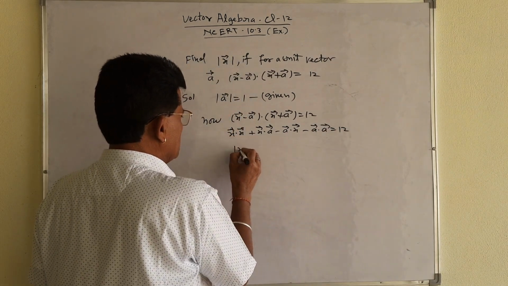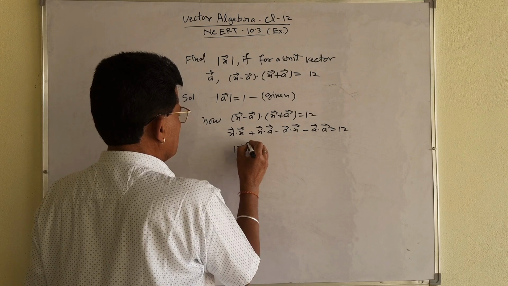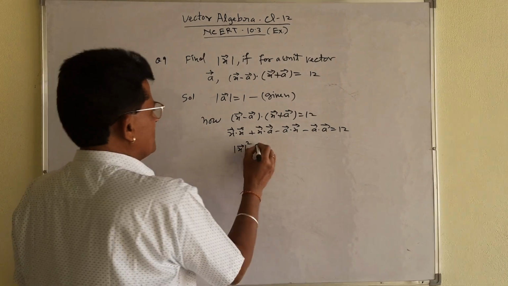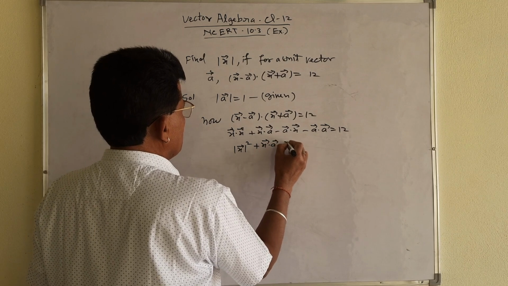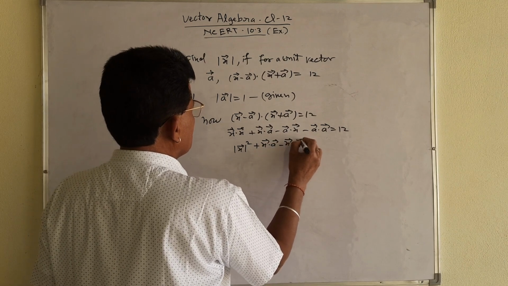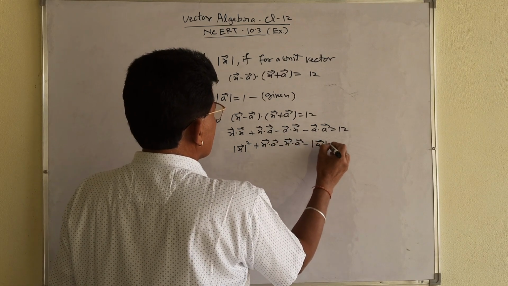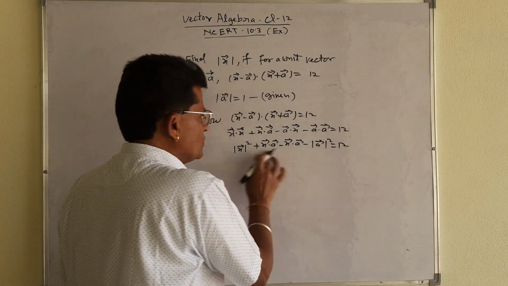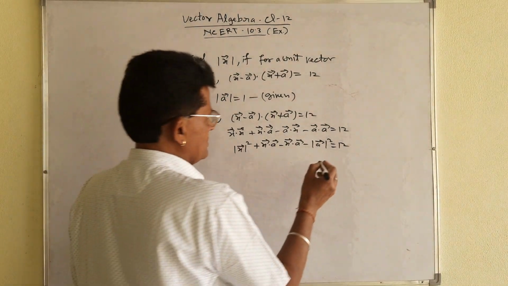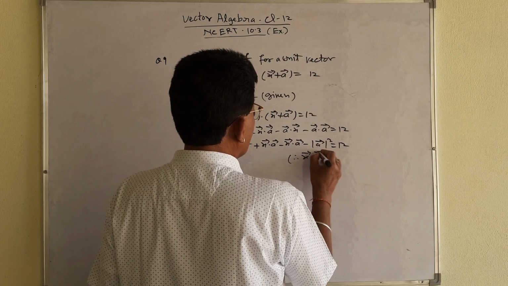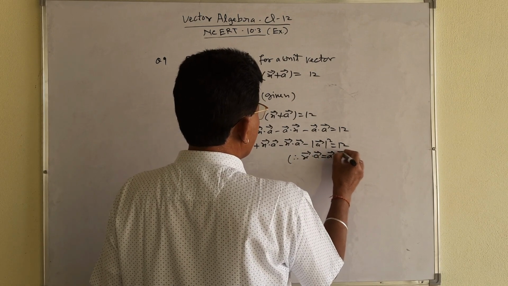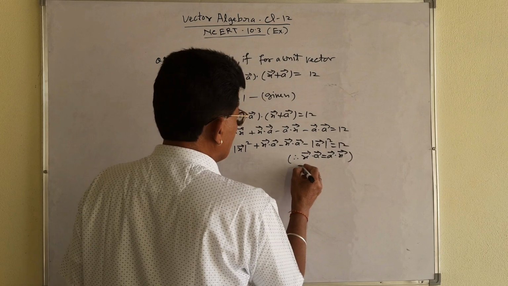My dear student, magnitude of X vector squared plus X vector dot A, minus, repeatedly I told you dot product is commutative, I am just writing A dot X, therefore it will be equal to, it is commutative.